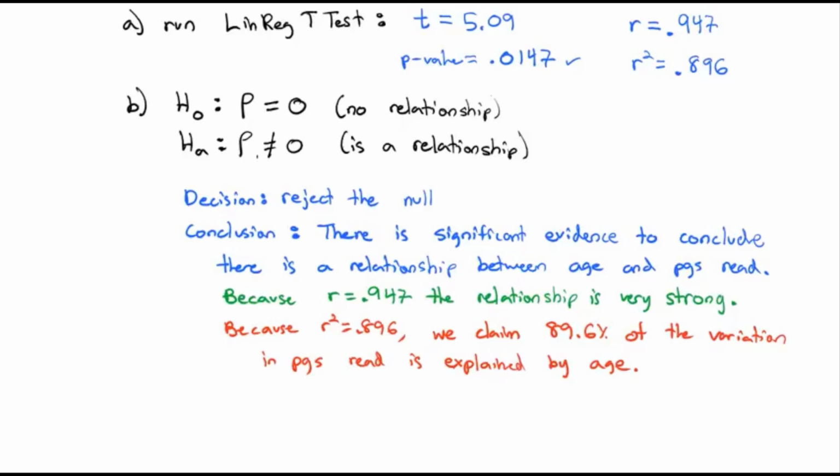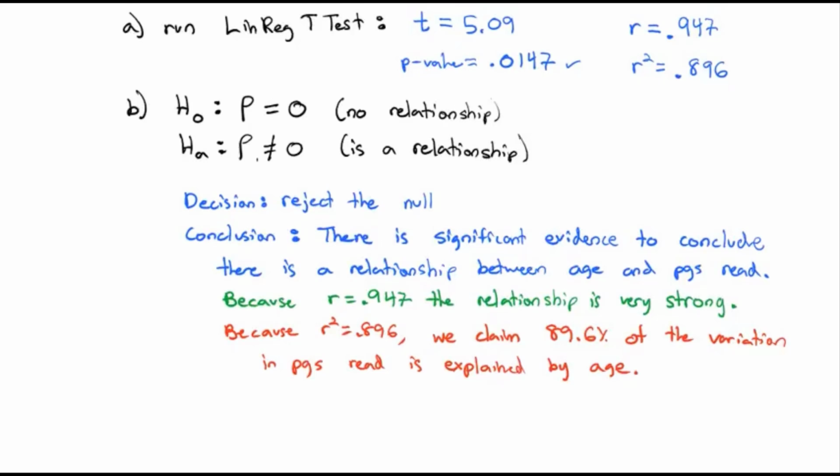And so you see, we don't end up with the traditional hypothesis test going through all the same exact steps we have before, but the pieces are still there, that we decided based on our p-value that there is a significant relationship. Based on our r, we can determine how strong the relationship is. And based on our r squared, we can say what percent of the variation is explained by the independent variable.